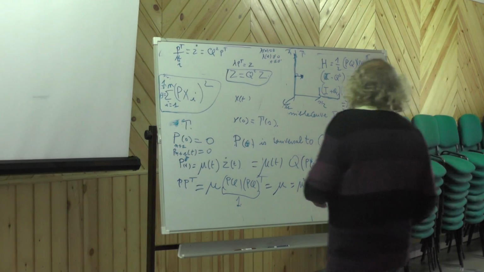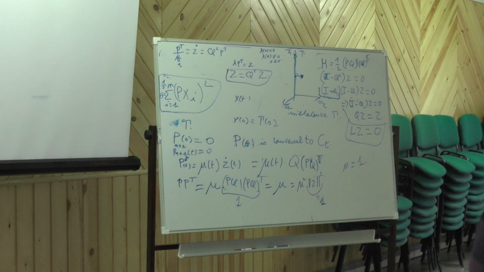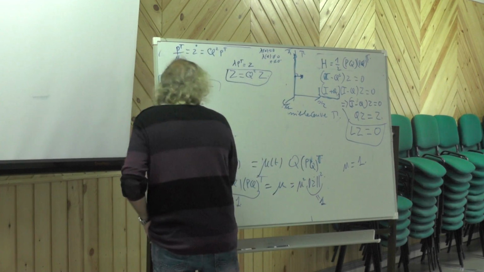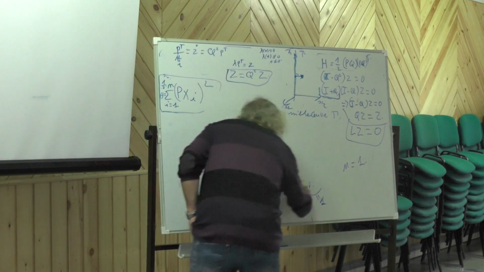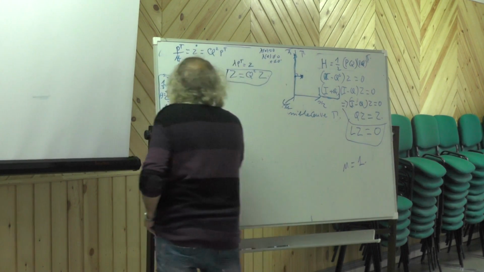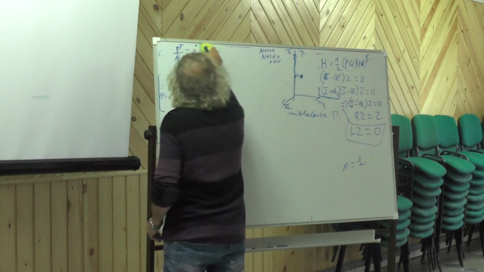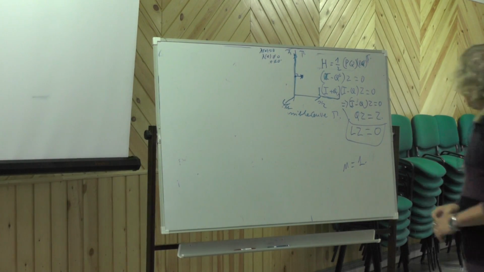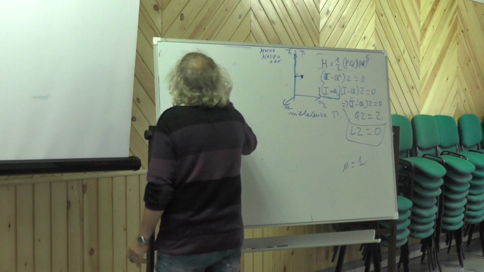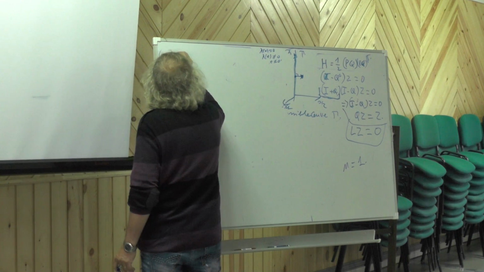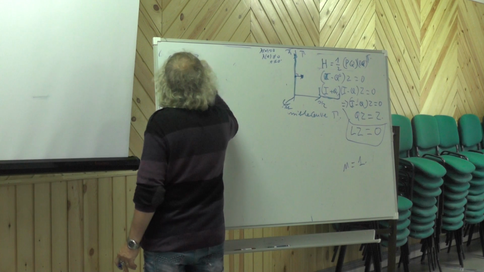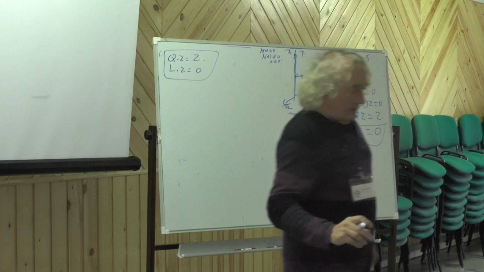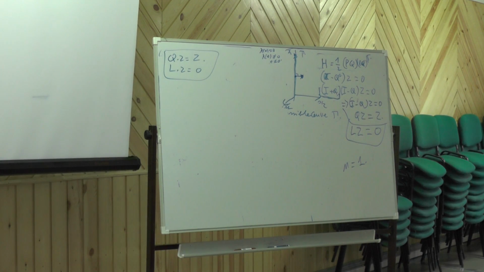And to summarize, if you are in normal coordinates, and if you have chosen Q to be symmetric, then you have Q times Z is equal to Z, and L times Z is equal to 0. And conversely, if you have a symmetric Q, oh sorry, it is finished.